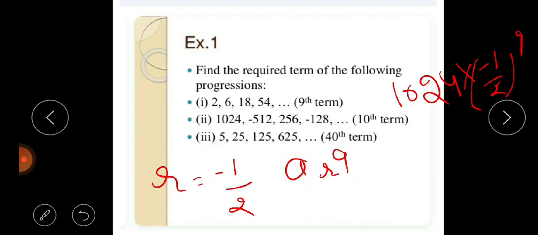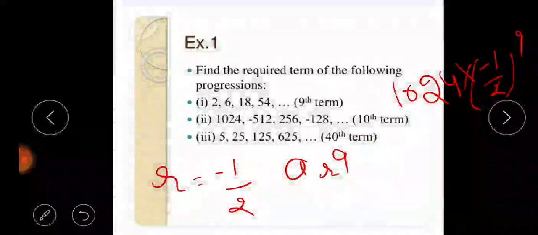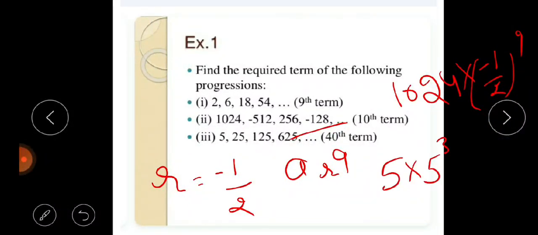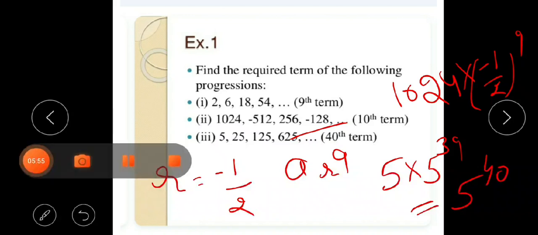And you have to find its 40th term. 40th term, that means A into R raised to power 39. So 5 into 5 raised to power 39. How will we solve such a large power? The base is the same, so the powers will add. So this is 5 raised to power 40. That's your answer.